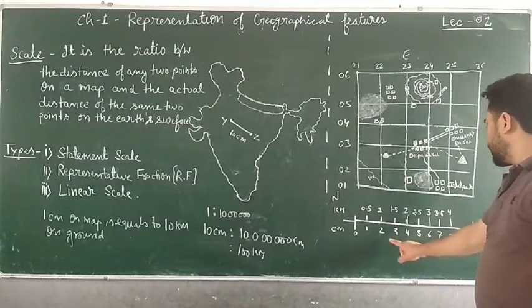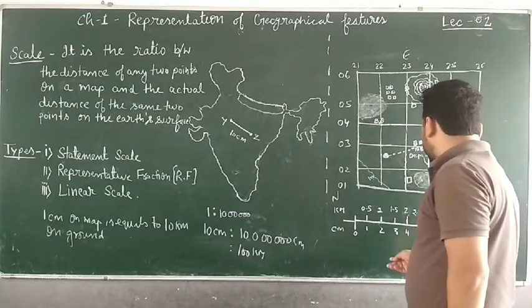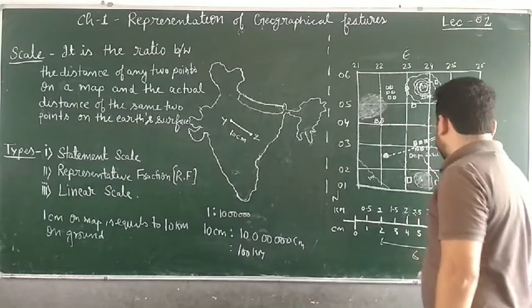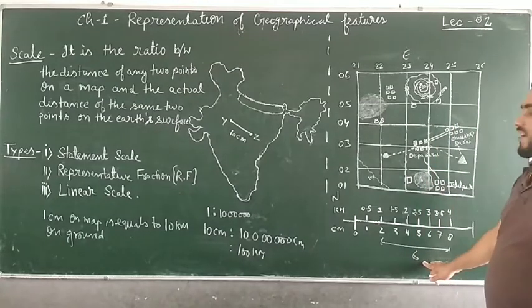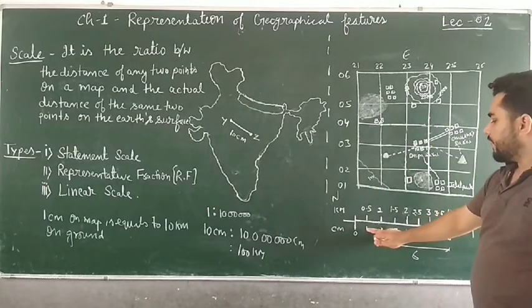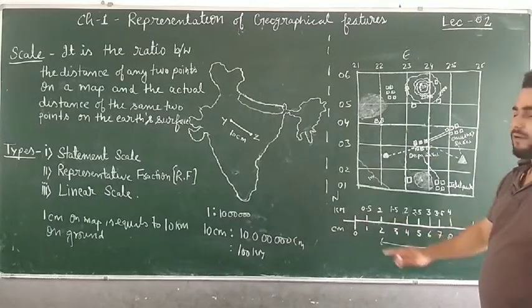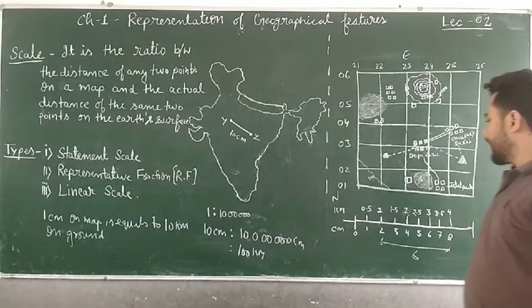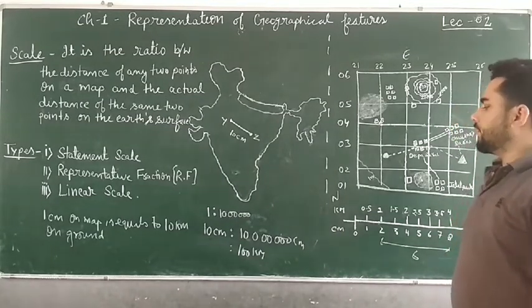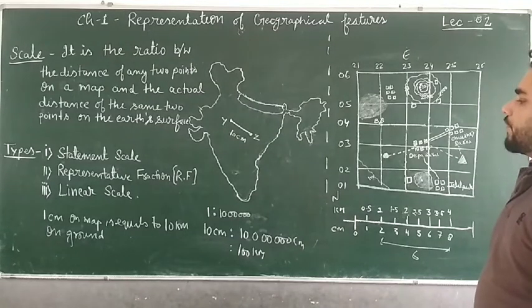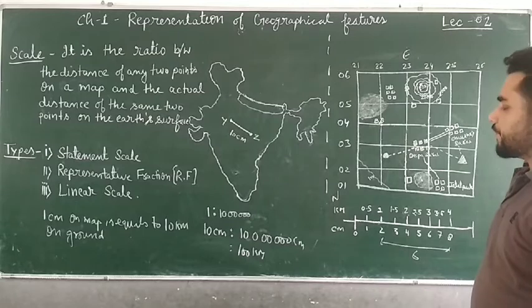So 8 minus 2, the distance will be 6 centimeter. And from here we know that 1 centimeter is equal to half kilometer, so 6 centimeter will be equal to 3 kilometer. Like this we find out the distance between two places with the help of this linear scale.